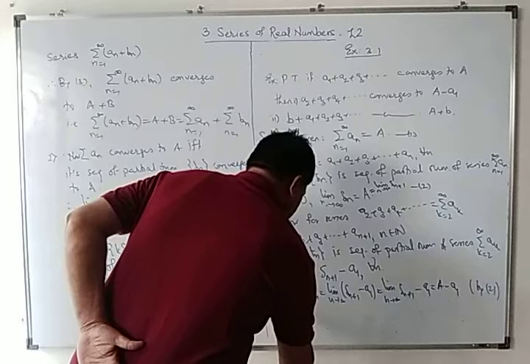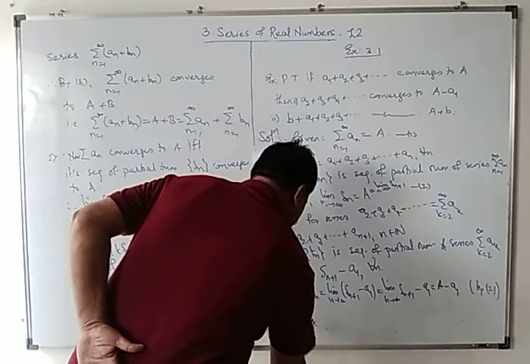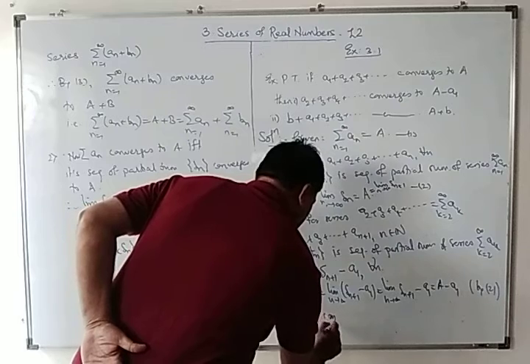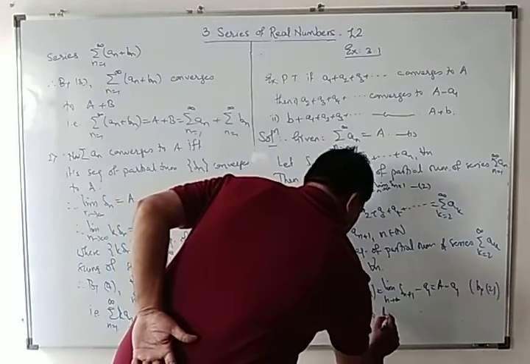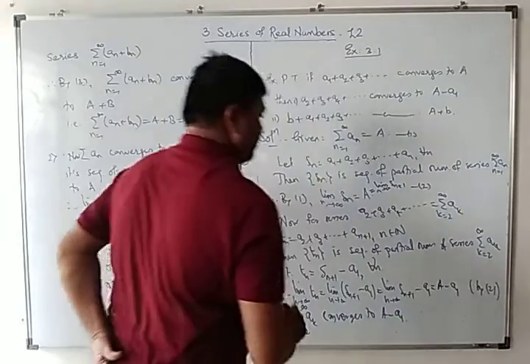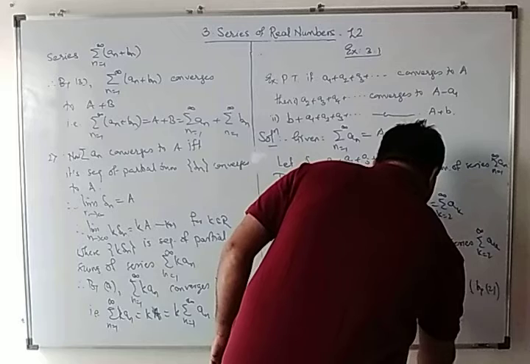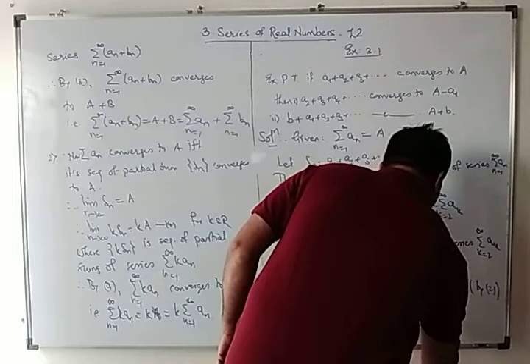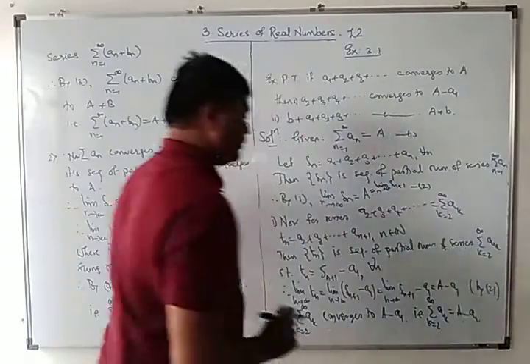This implies summation of ak, k equal to 2 to infinity converges to A minus a1, that is, summation ak, k equal to 2 to infinity is equal to A minus a1. Okay.